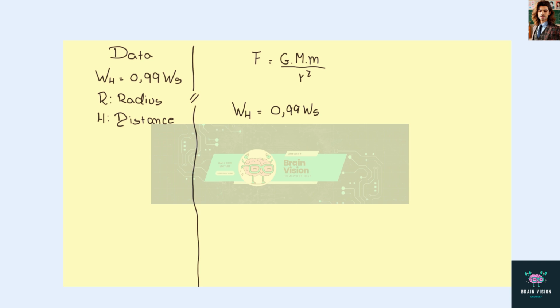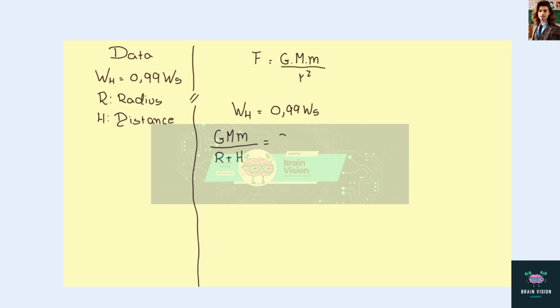So, at a distance h from the surface, the weight is given by G times the mass of the planet times the mass of the object, divided by the radius of the planet plus the distance between the object and the surface of the planet.